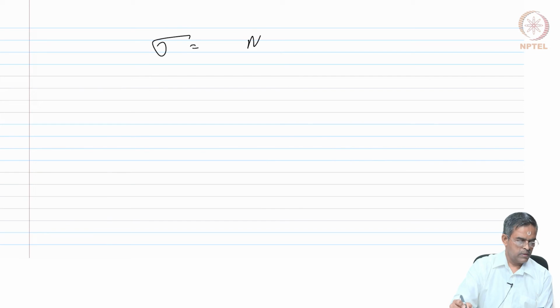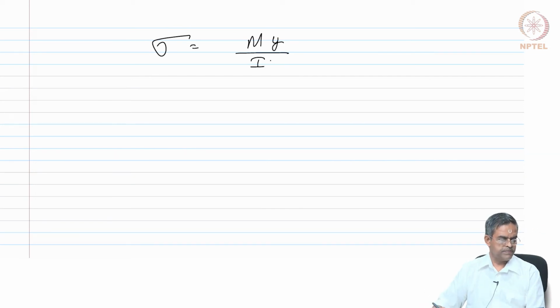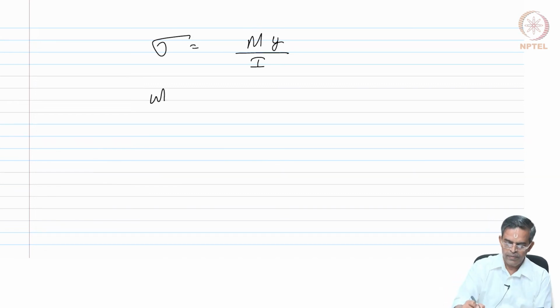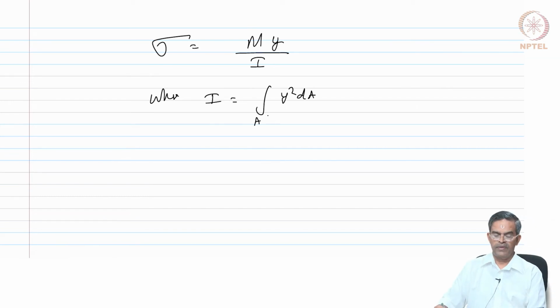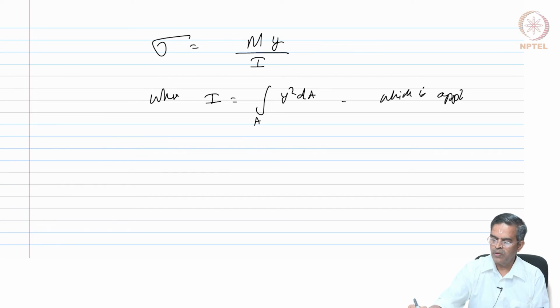Sigma is M into y by I, where I is integral y square dA, the second moment of area, which is applicable to straight beams.